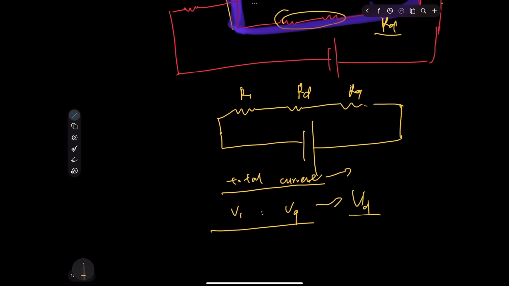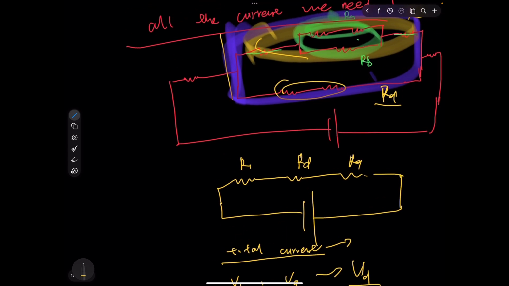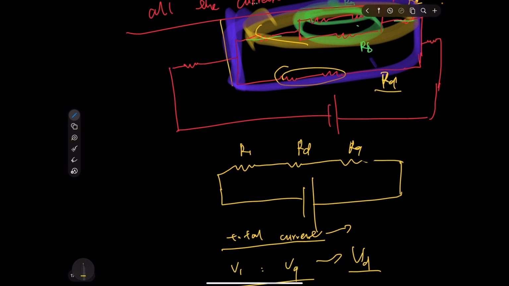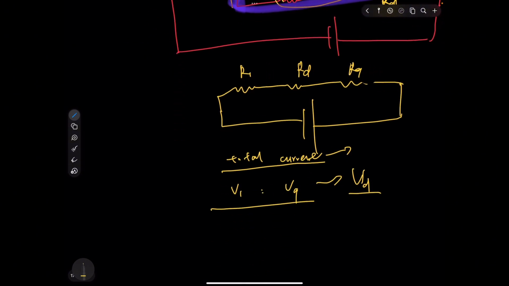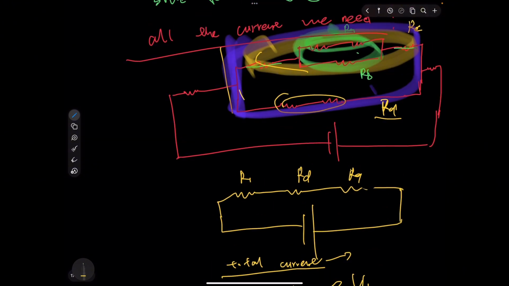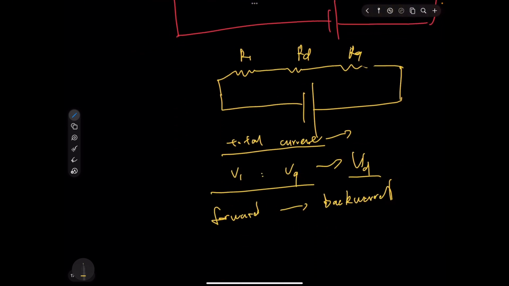After we get that, we can go back to that circuit. We have to go forward first, then we need to go backward in order to get the current. We get the current to help us find the voltage drop across each part. After we get the voltage, we get the current. And once we get the current, we can get the power.